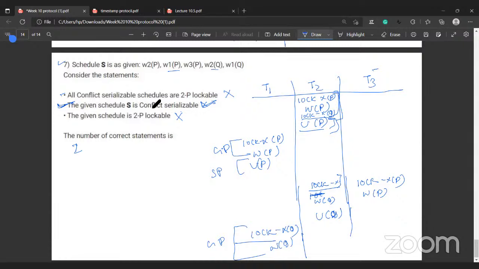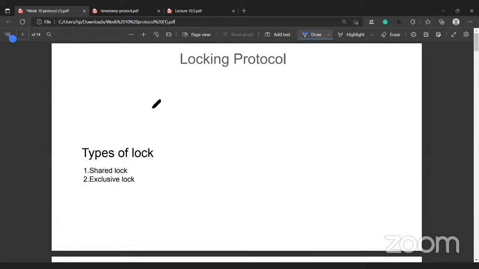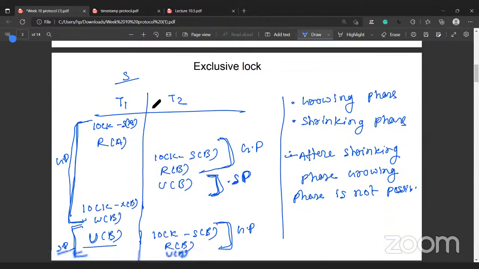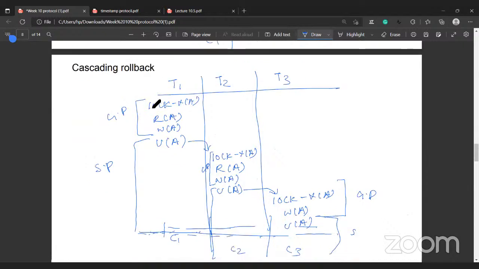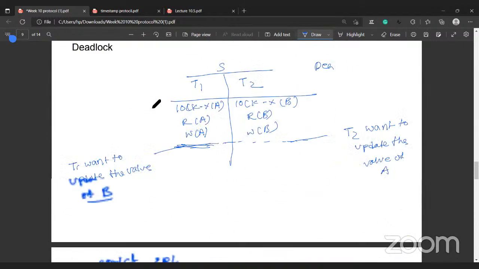Does anyone have any doubt in the locking protocol, two-phase locking protocol, rigorous 2PL? Anything about the locking protocol you can ask. Sir, if it's rigorous, then it will be strict also, right? If it is rigorous, it will be strict also.